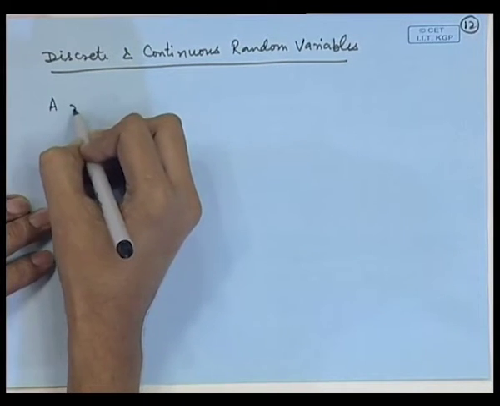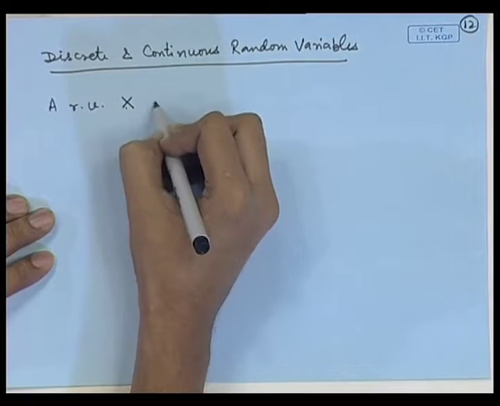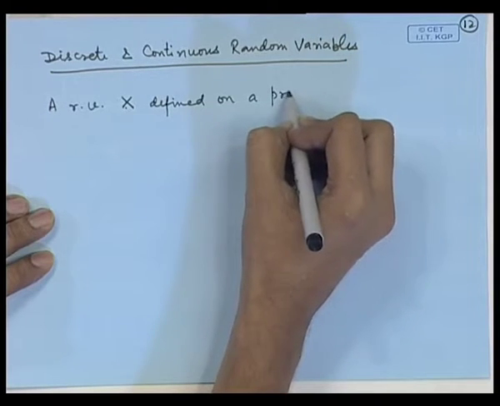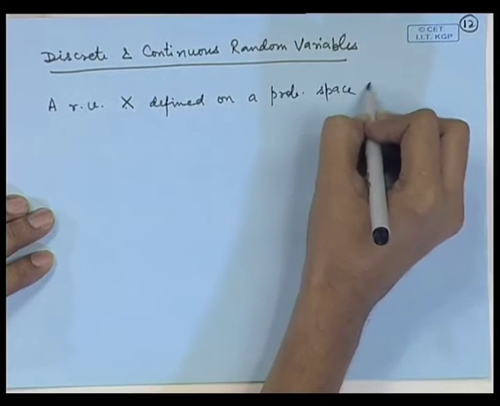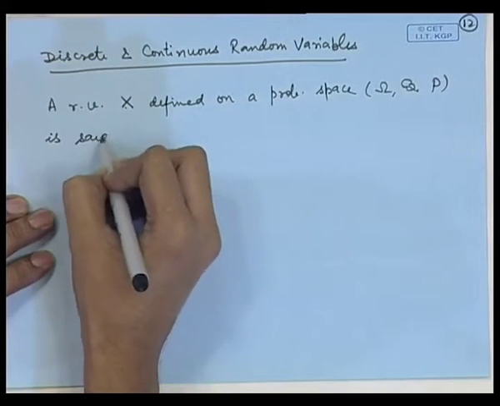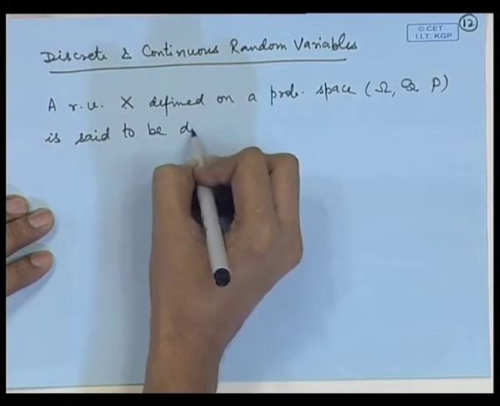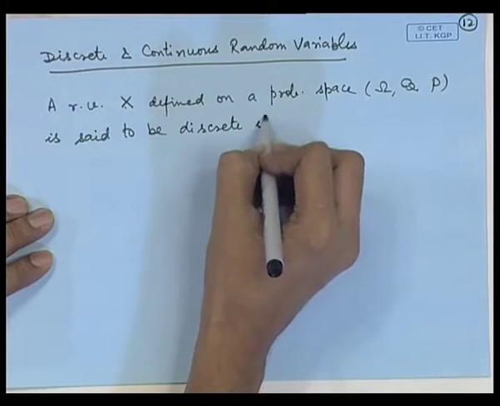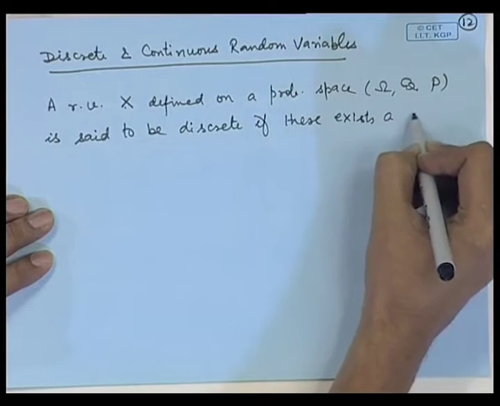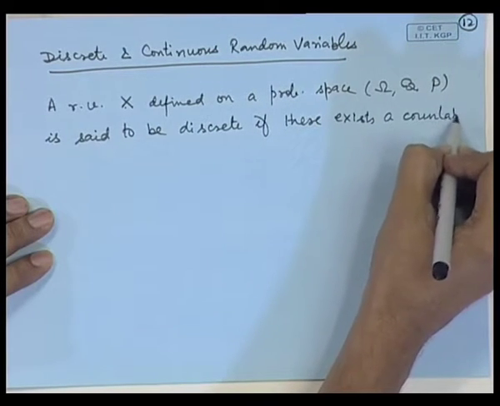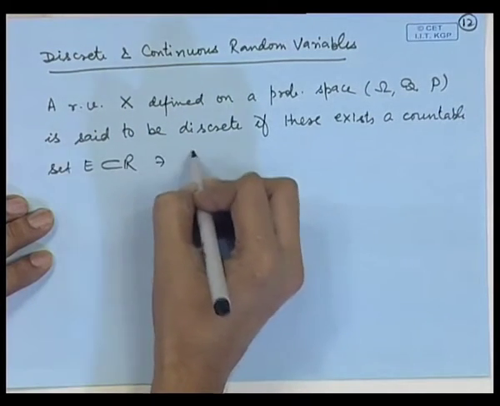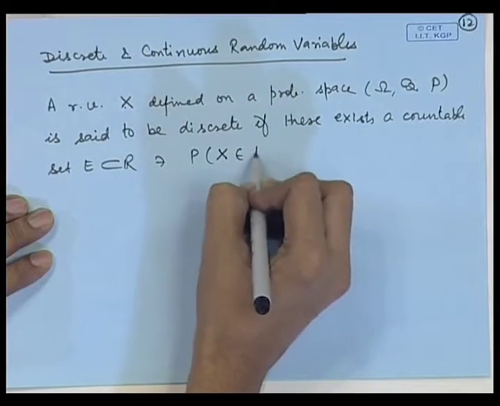So, a random variable X defined on a probability space (Omega, B, P) is said to be discrete if there exists a countable set E such that the probability of X belonging to E is 1.